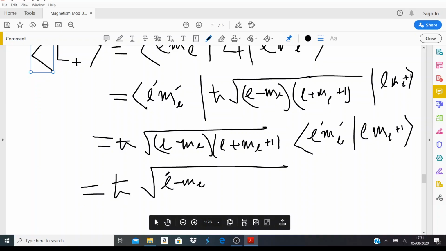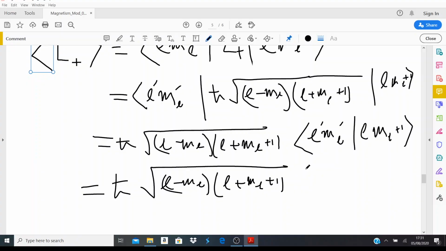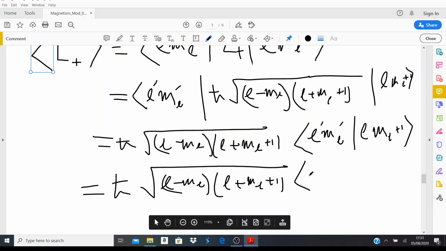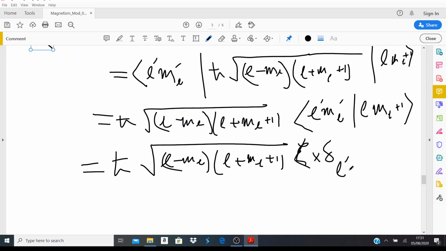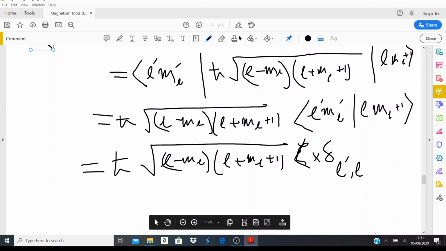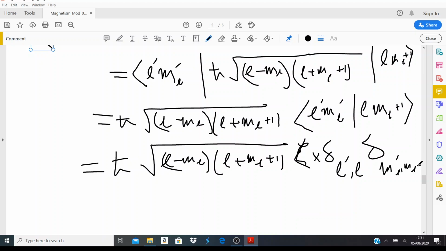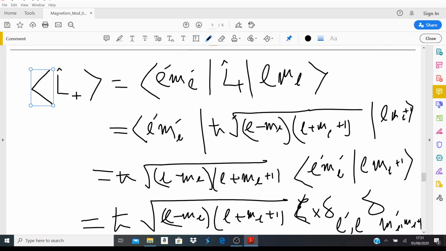So this is the same square root factor, and now you use two Kronecker deltas. You say that L prime has to be equal to L, and also ML prime has to be equal to ML plus 1, right? That's the expectation value of this L plus.